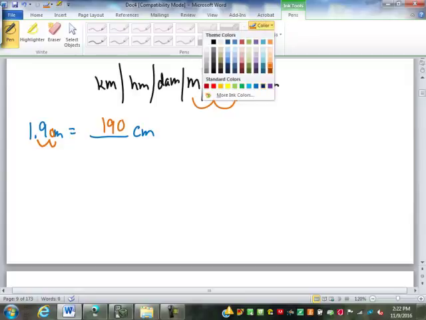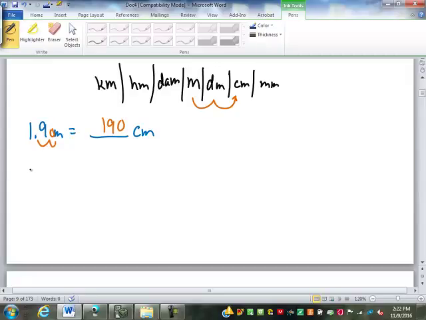Well, if I want to do 1.9 square meters into square centimeters. Well, now that we've watched this happen with the standard measurement system, it might be a little easier to figure out what's going on in our metric system.